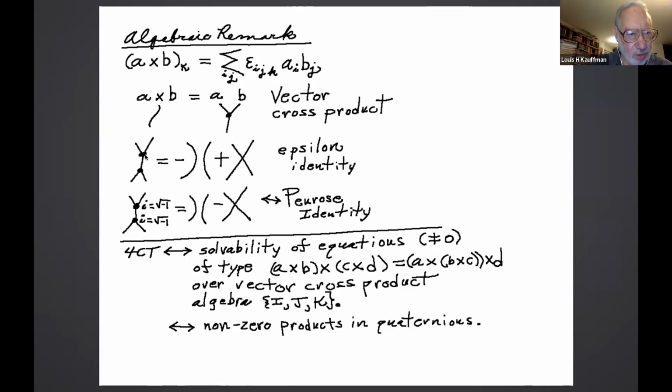Try it out. 1, 2, 3, and 1, 2, 3. That's crossover. 1, 2, 3, 1, 2, 3, both plus. So the identity, the skein identity, is actually an identity about the epsilon, and it's related to the vector cross product, but I will not go into that here.